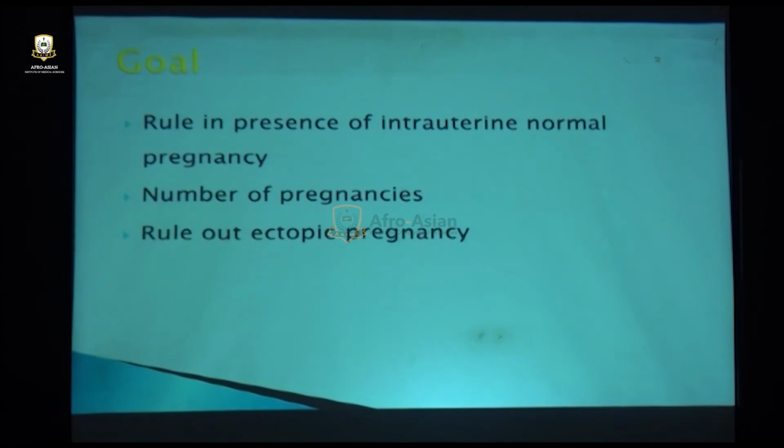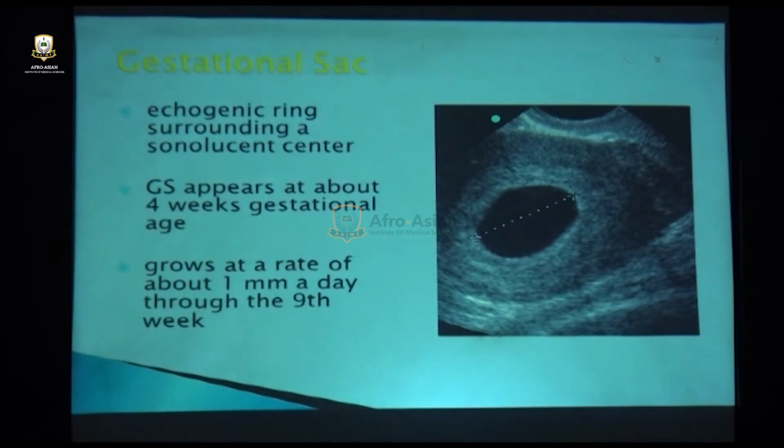गोल क्या है जी? Rule in presence of intrauterine normal pregnancy, rule in number of pregnancies, how many, and rule out ectopic pregnancy. ये हमारा goal है when we do first trimester pregnancy. तो gestation sac ये इस तरह का नजर आता है। It's an echogenic ring surrounded by a sonolucent center. 4-week gestation sac grows at a rate of about 1 millimeter a day through the 9th week.